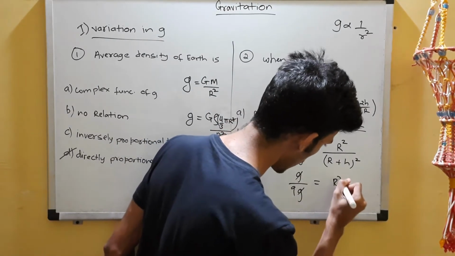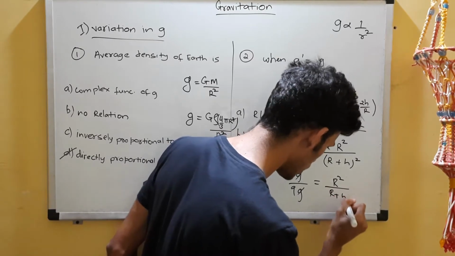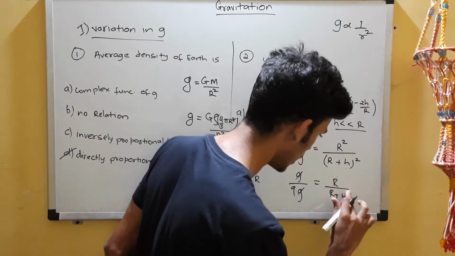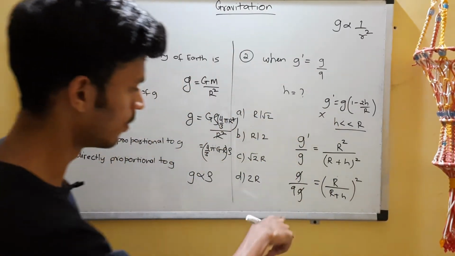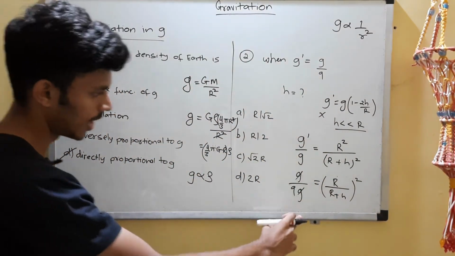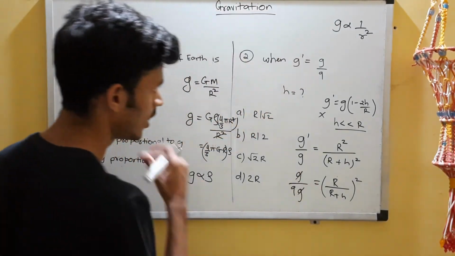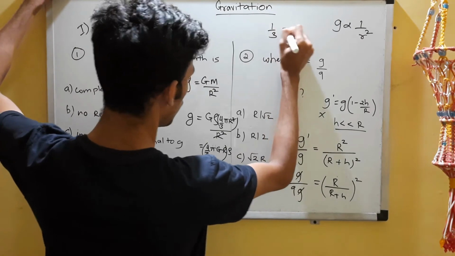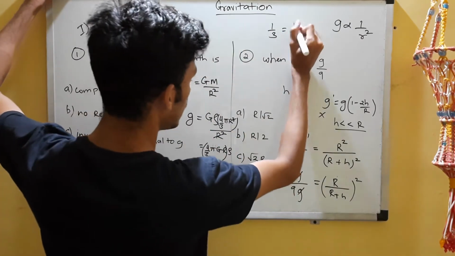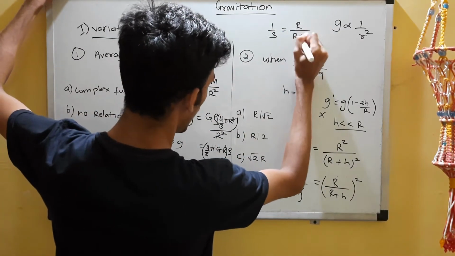So r square upon r plus h, the whole square. Just solve it, take root on both the sides. It's 1 by 3 equals r upon r plus h. So r plus h equals 3r.